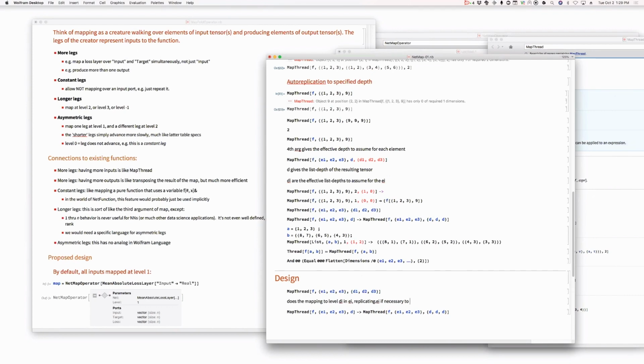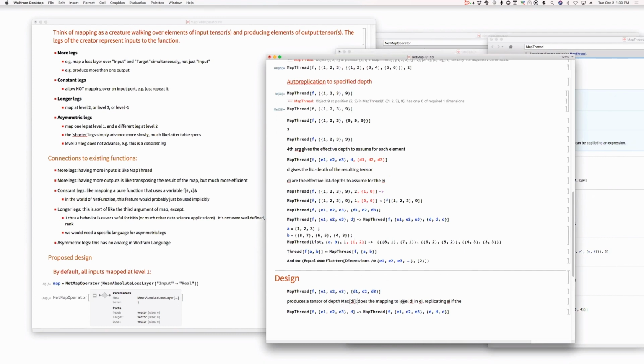Replicating any E sub I. No, that's not right, because this D sub I specifies replicating the E sub I if the max. Okay, so this produces a tensor of depth max of the D sub I's. Correct, at least. The F could do whatever crazy thing it does. Sure, yeah.